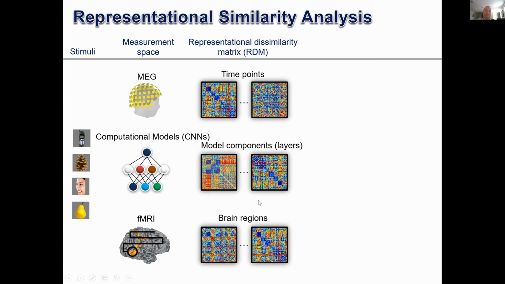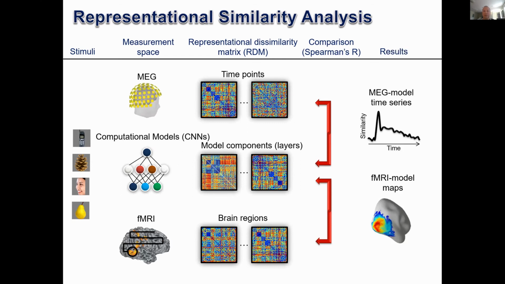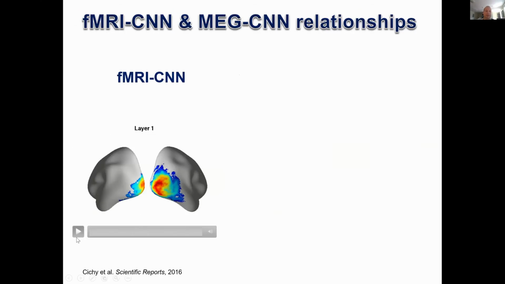So we do expect some correspondence between these three modalities, and we can do that by correlating these corresponding matrices. By correlating these two, we should have similarity time courses for each layer with the MEG temporal data, and in fMRI for every model layer to the brain signals in different brain areas. And indeed, we see such hierarchical correspondence.